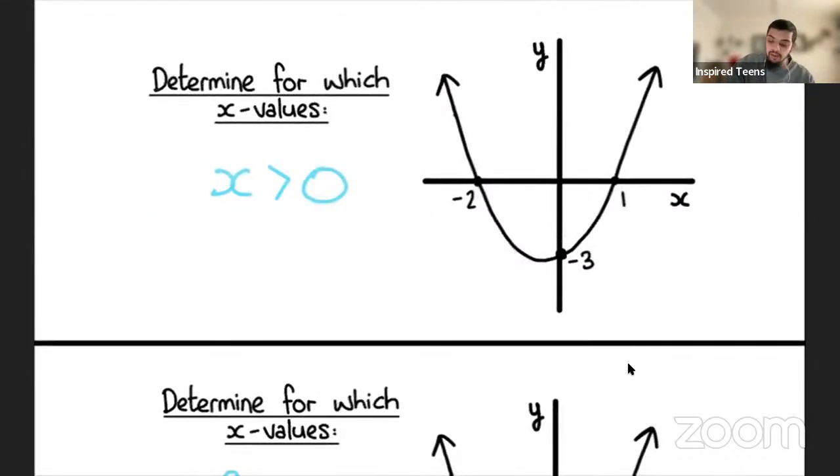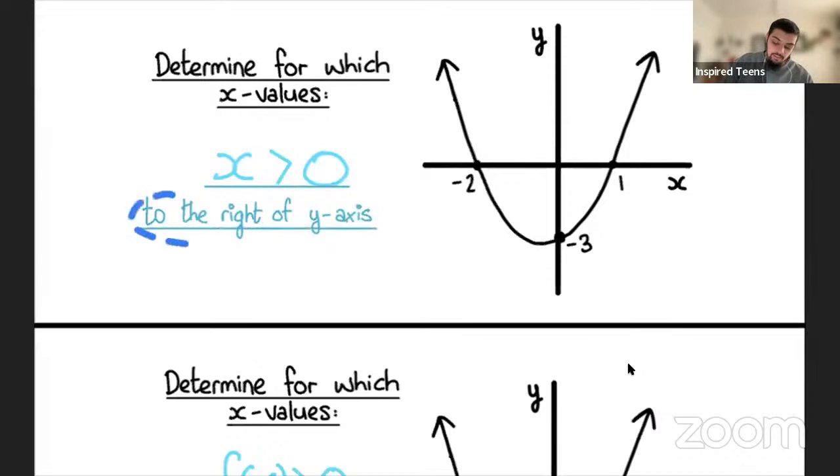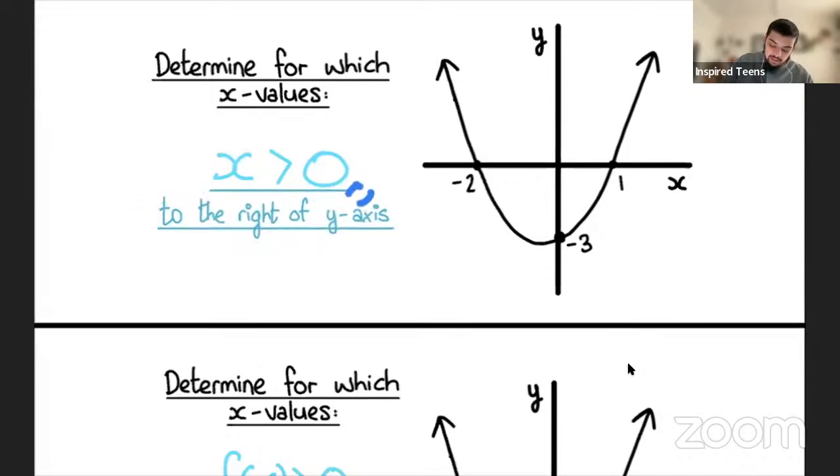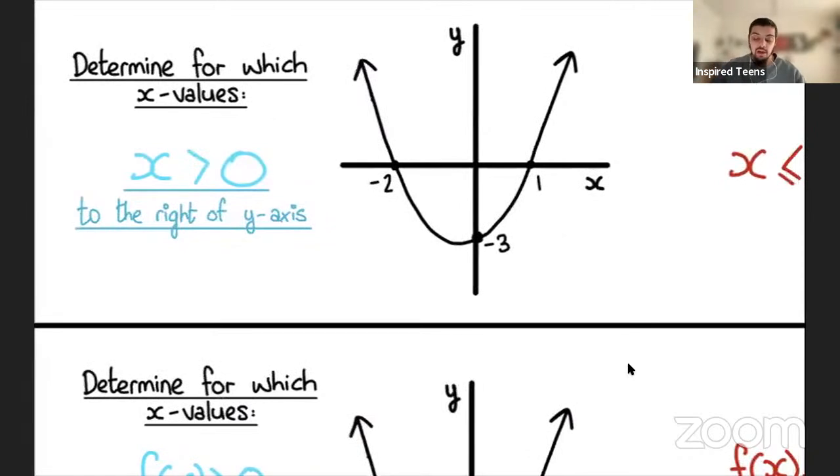This is always the case: x is greater than 0 to the right of the y-axis. So now that's what x is greater than 0 means. We have to identify the part of the graph that's to the right of the y-axis. Like I said, this is the easy part.